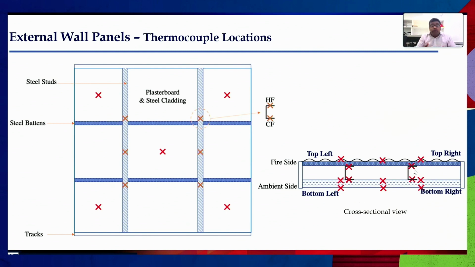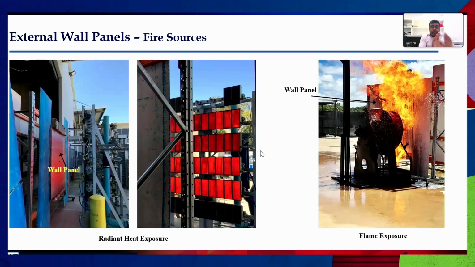Normally, when you go for a fire assessment testing in a commercial environment, they will not do all these things, but we do measure all of them because we want to validate our computer model, so that we can reduce the number of tests and rely on the computer model's accuracy to do other configurations and understand the behavior. Again, the same setup. That's the radiant panel that we have, and you can see the wall panel.